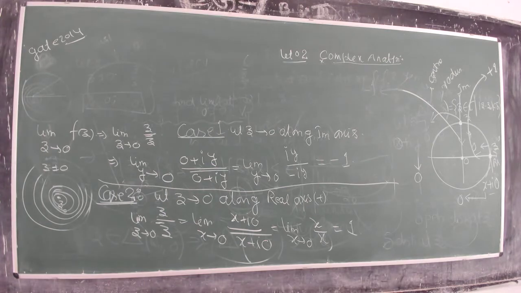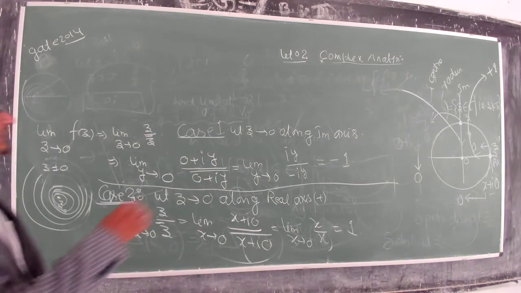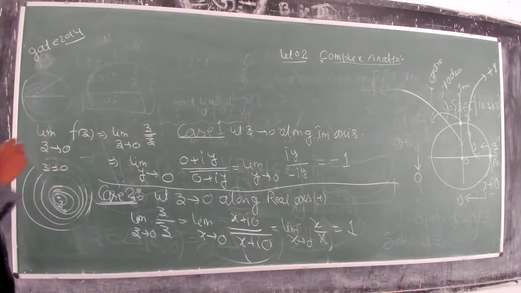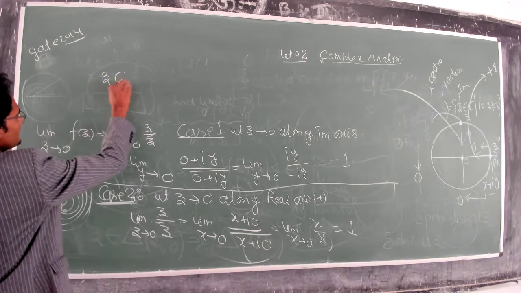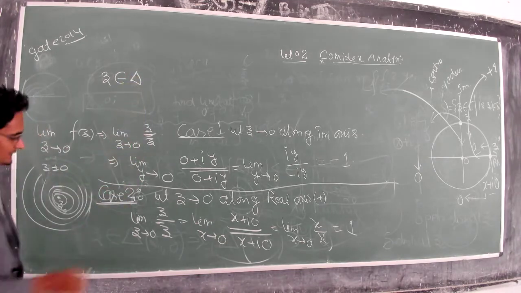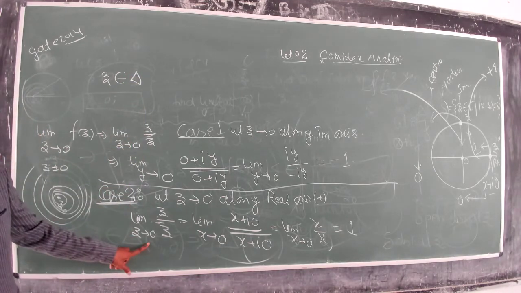So, we had seen, let us see the definition. The definition was: whenever z belongs to the disk, if you remember, z tending to 0, compare the definition, z naught is 0.